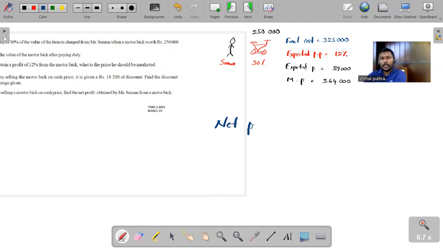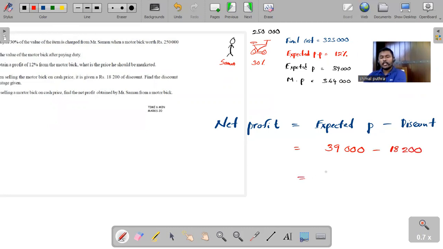So net profit should be equal to the expected profit, from which I will reduce the discount. He expected 39,000 profit, but he agreed to a 18,200 discount. So this is the actual net profit.